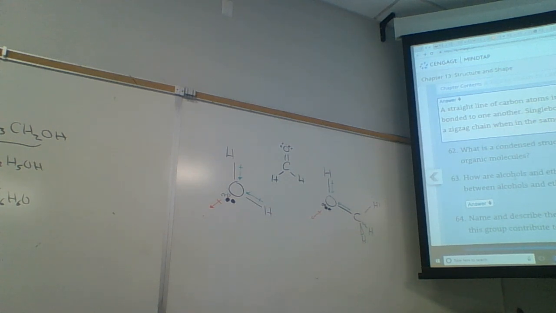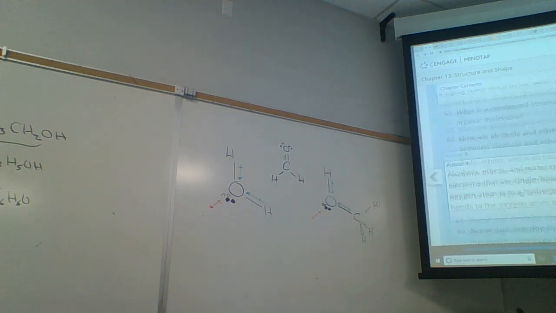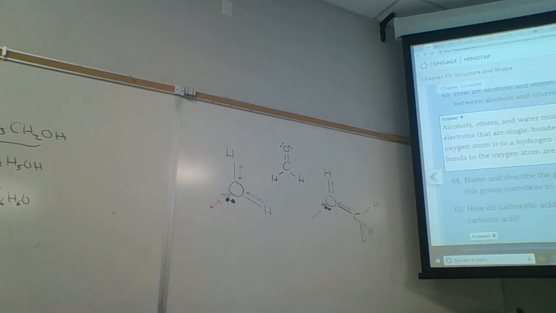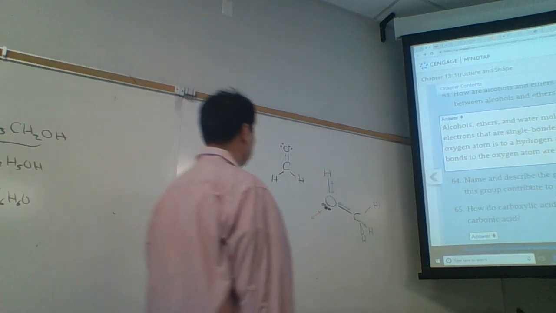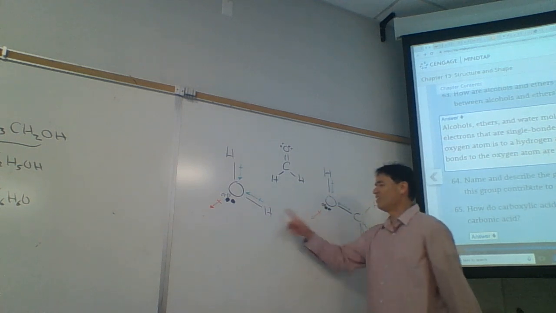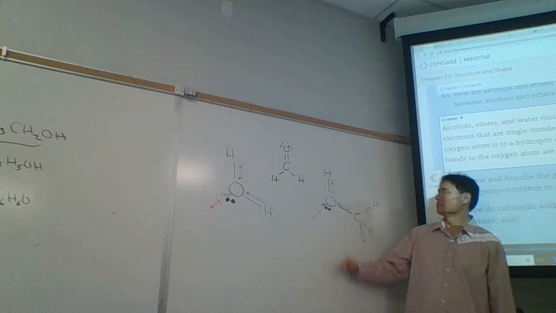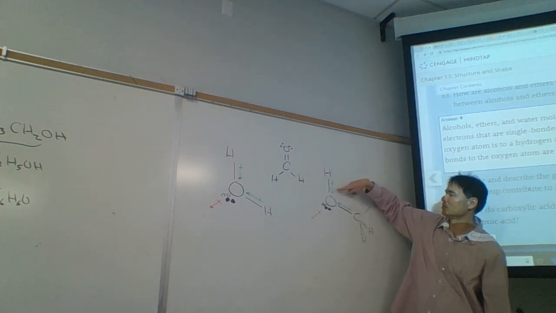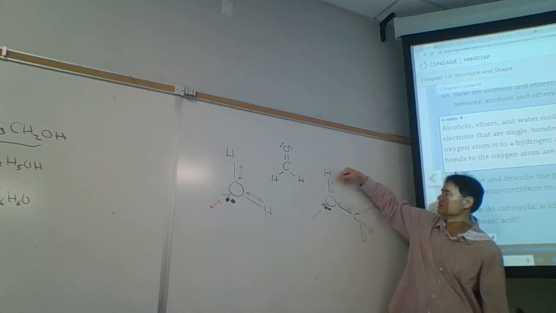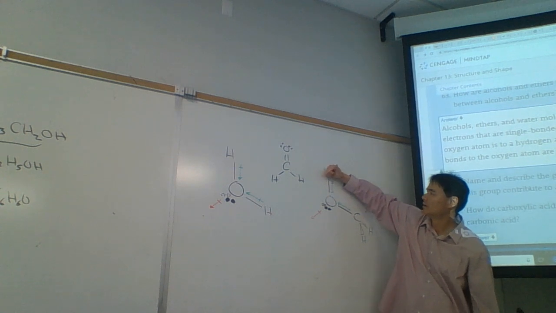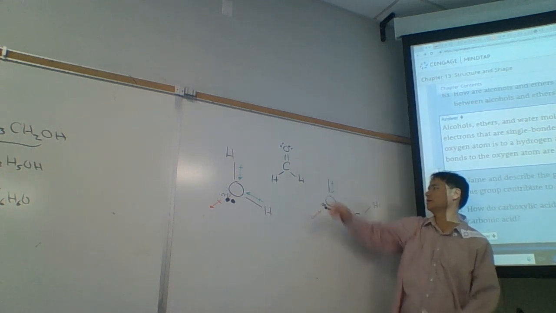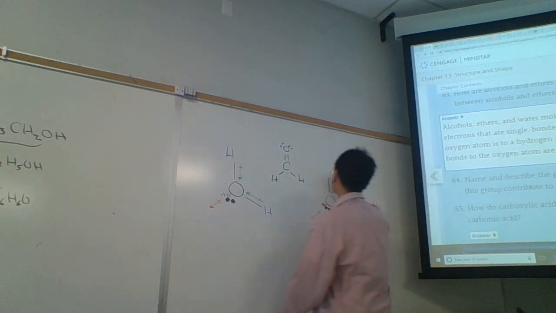How are alcohols and ethers similar to water in shape and structure? Well, alcohols and ethers are very similar. Here, for example, alcohol and water are similar in certain ways. And ether is going to be quite similar too, because all an ether is, we're going to replace the second hydrogen. So let's knock off this hydrogen, and then let's put in a group here. If I take off that hydrogen, I'll stick a methyl here.